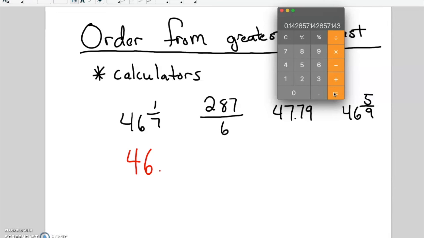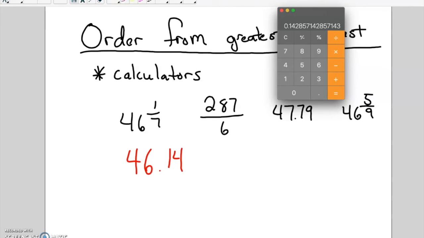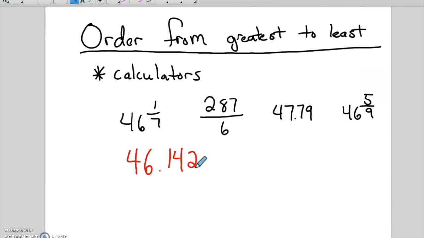I don't have to put all those numbers in. I'm just going to put maybe 4. So 1, 4, 2, 8. Okay. That should be good enough for me to compare. I don't have to put them all down.